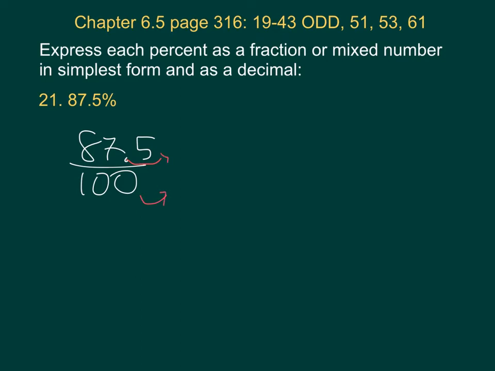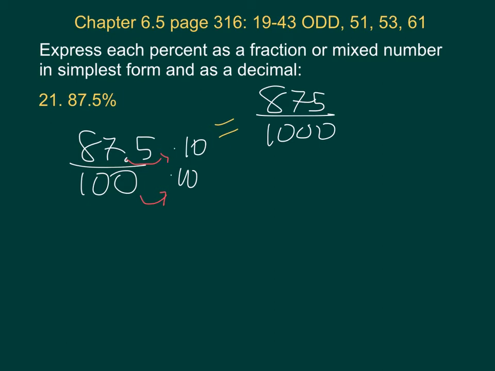That'll move that decimal point over by 1. So we'll end up with 875 over 1,000. These two things are equal. We just multiplied it by 10 to get rid of the little decimal point.